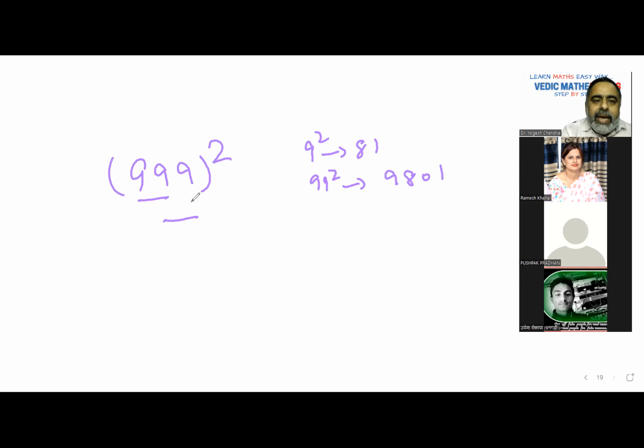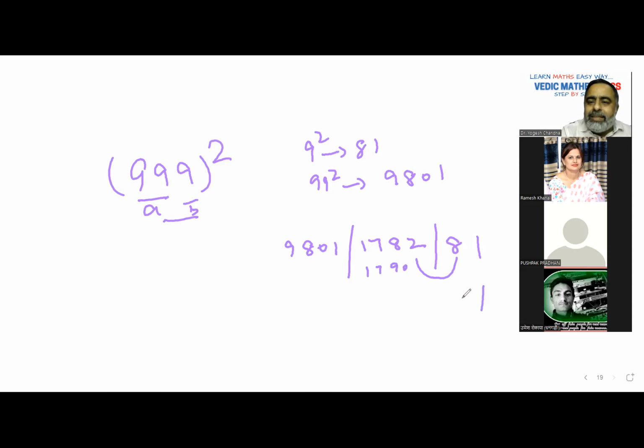So if I am taking A as 99, B as this, 99 square is 9801. Now 9 into 99 into 2, 1782 and 81. Yes, Shivani, perfect. So 1, 6 goes here, it becomes 1790.